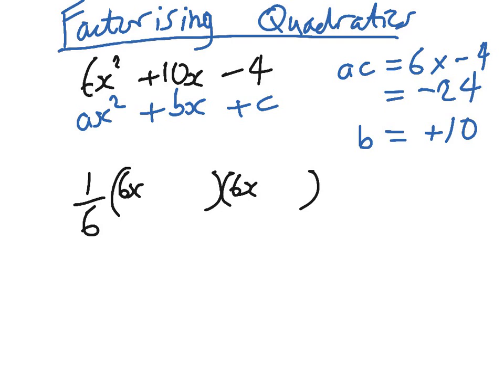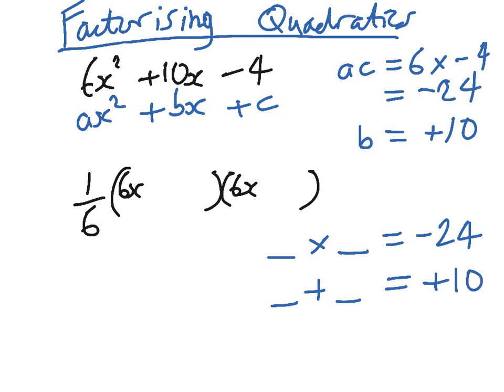To determine what numbers go in the brackets with the 6x, we need two numbers that multiply to make -24 and the same two numbers that add to make +10. For this, just try different numbers in your head.